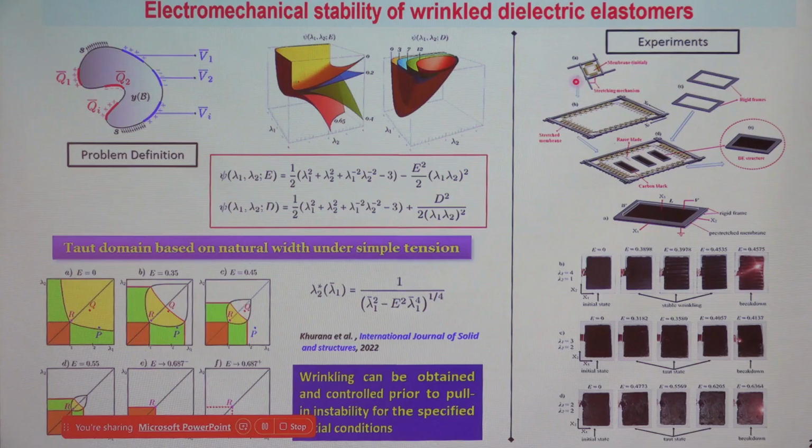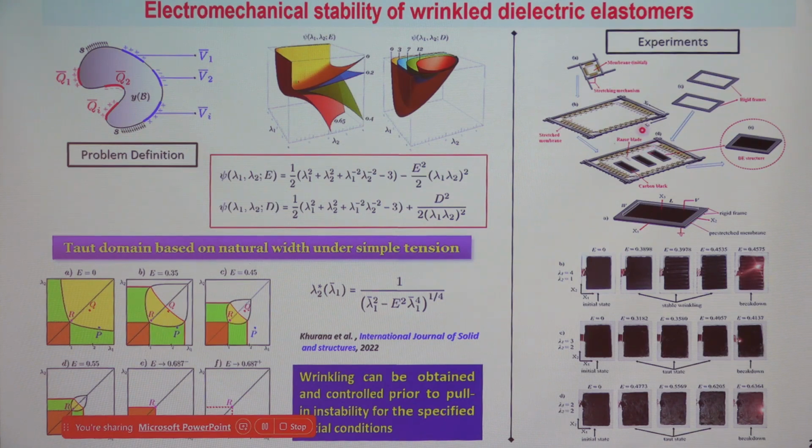Then we make a PLA based rigid frame, and we have two of them. One frame we put at the top of the pre-stretched membrane and one at the bottom. It's a hollow frame made of PLA material with some thickness, but it is rigid.